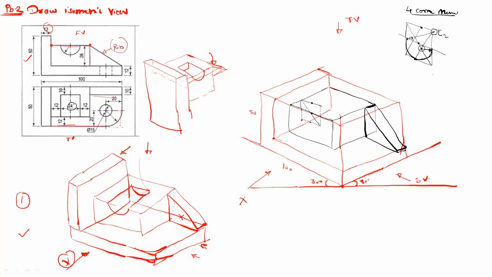Now connect this and connect this midpoint. Okay, so you will get two centers. So you can take this as C1 and this is C2. Okay, so when C1 is the center, you should draw this arc, and when C2 is the center, that is this center, draw this arc.